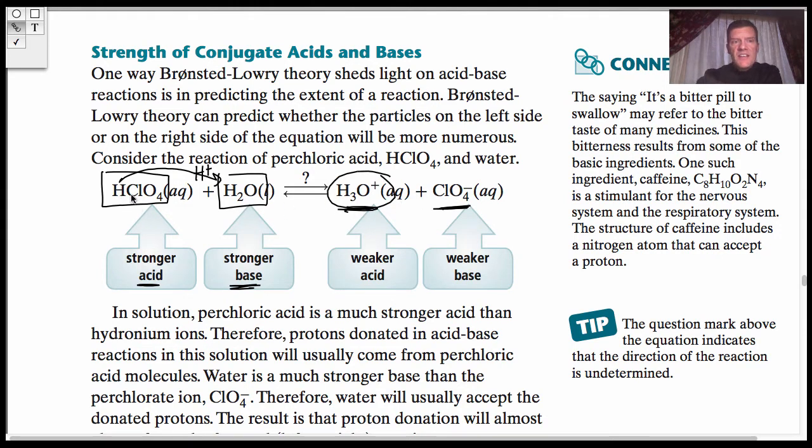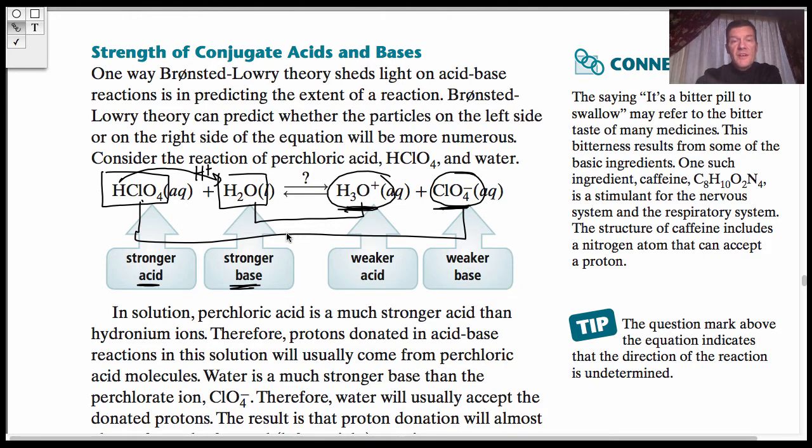And the HClO4 loses its H in order to make this ion right there. Okay, I think that's chlorate ion. So the HClO4 becomes just the ClO4 negative. It lost the H plus, and the water becomes the H3O plus, the hydronium.